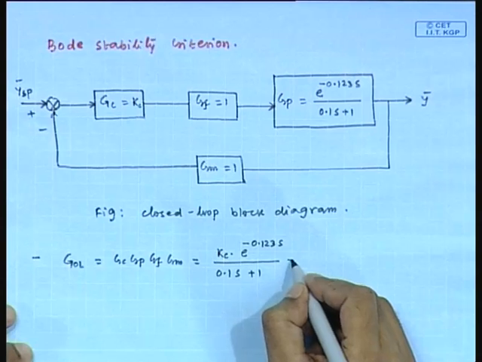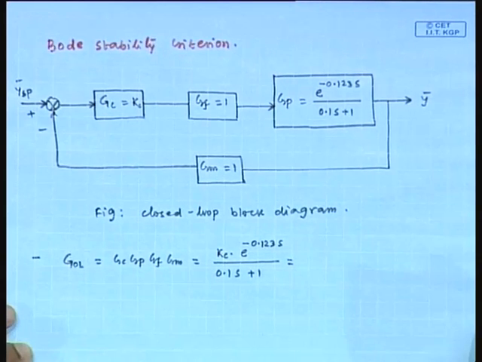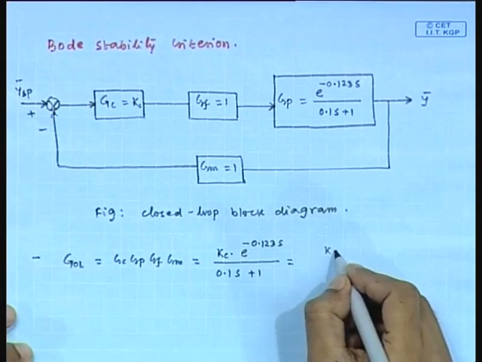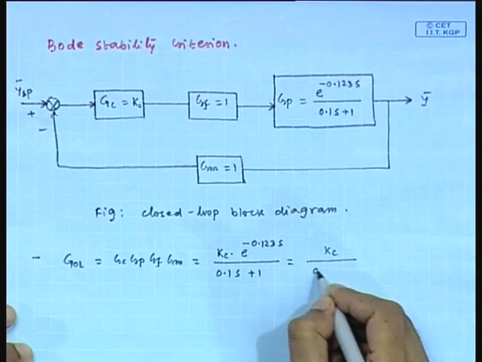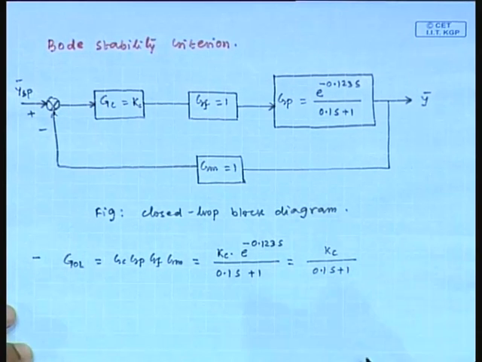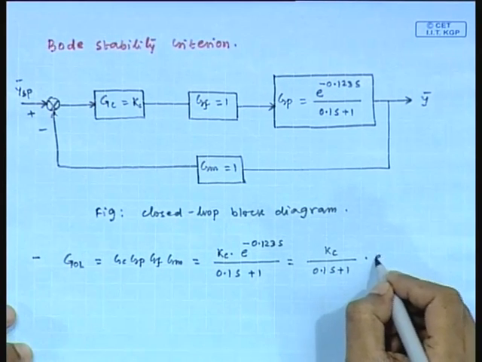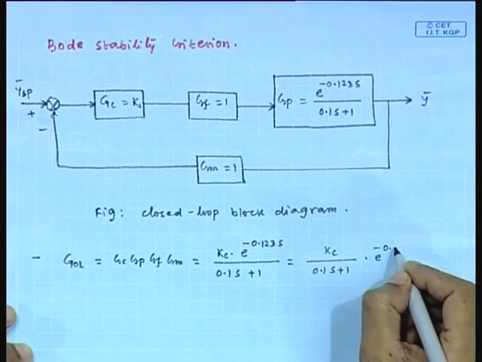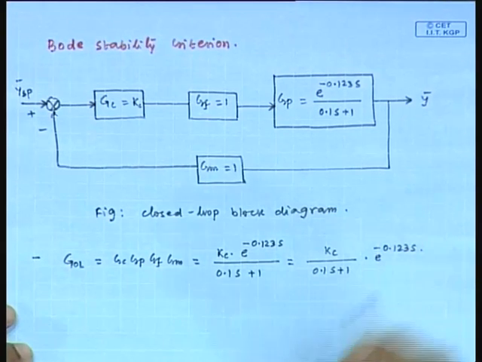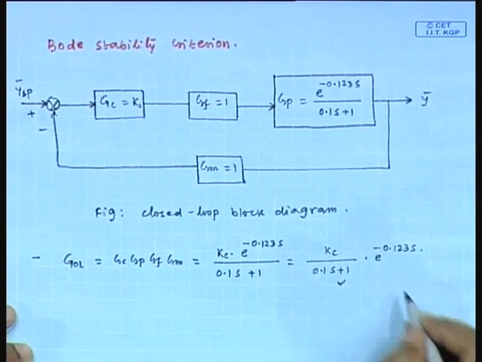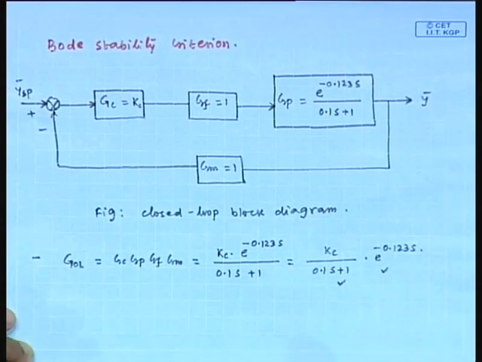Now, we can write it like this: Kc divided by 0.1 s plus 1 and separately this exponential term. So, this is the transfer function of a first order system and this is a dead time part.